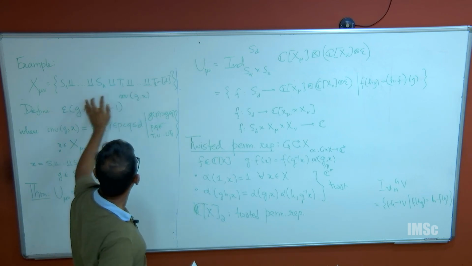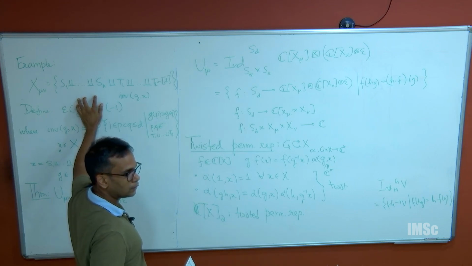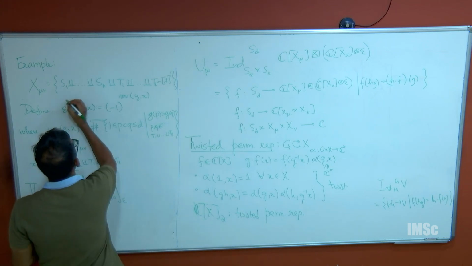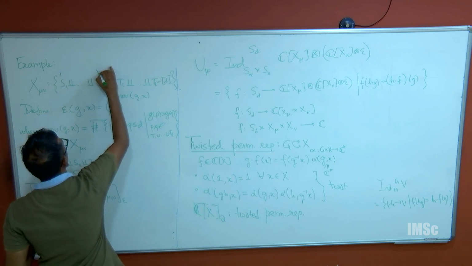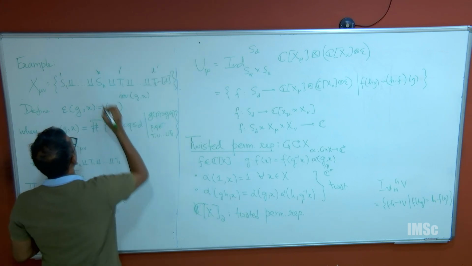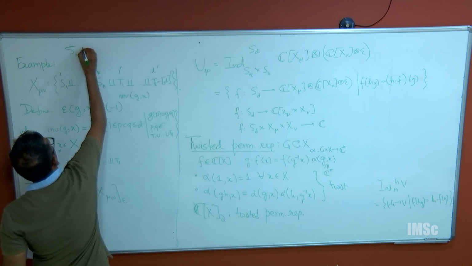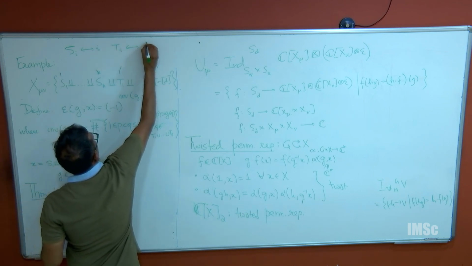So you give these sets numbers. I'll give this set number 1, this set number k, this set number 1 prime, and this set number L prime. So the set Si gets the number i, Ti gets the number i prime.